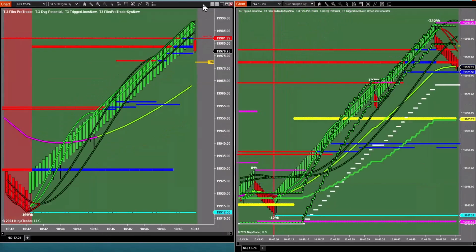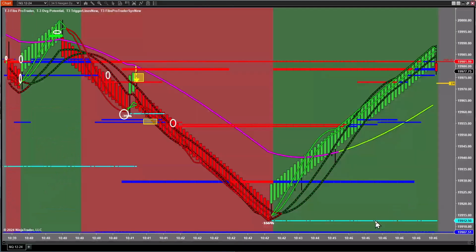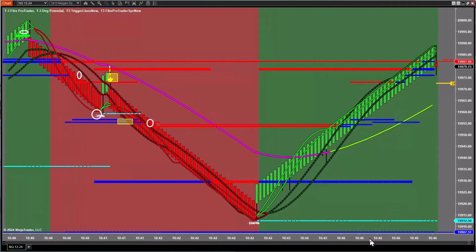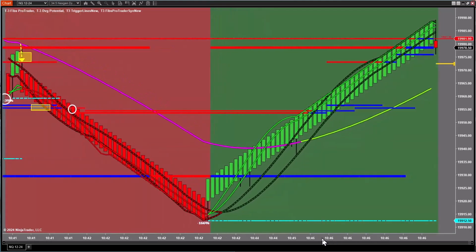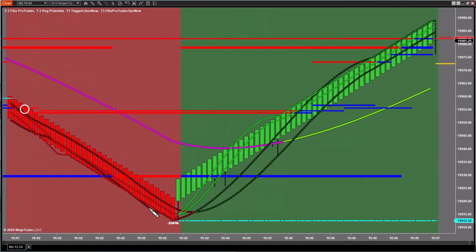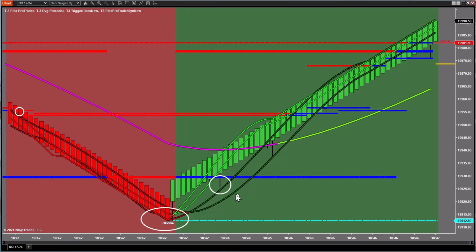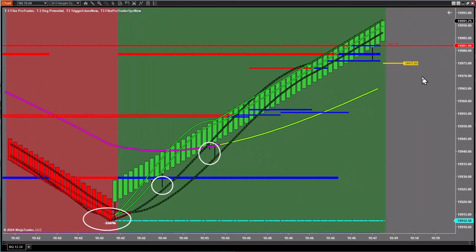Anyway, okay. Back to the Nasdaq, because who doesn't love all this? Let's take a look at what happened. We had divergence from the bottom. Triggers started going up, and we had maybe an opportunity for a long or two if you're so inclined.